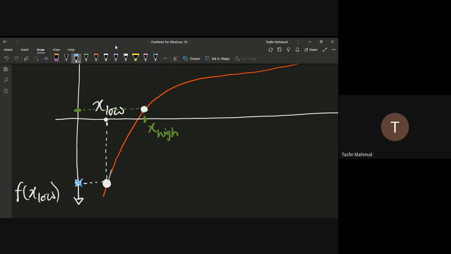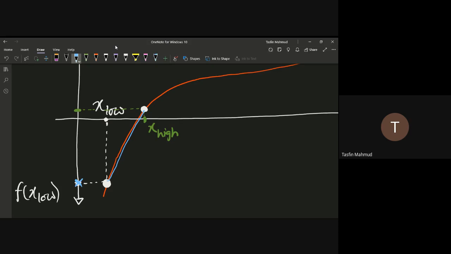So now if you can see, I guess, if we join these 2 points, we are pretty close to our root. If I join these 2 points, then you can see we are pretty close to our root, right? So after doing one more iteration, actually we will reach our root, right?